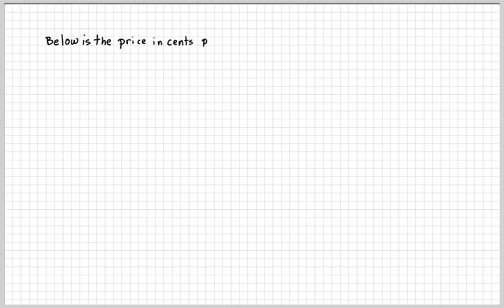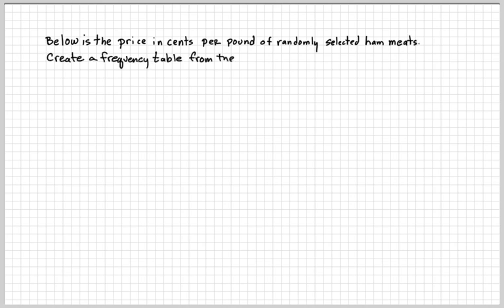It says, below is the price in cents per pound of randomly selected ham meats. Create a frequency table from the data set. And again, you don't need to know anything about ham. Is it cured ham, forest ham, honey ham? Doesn't matter.